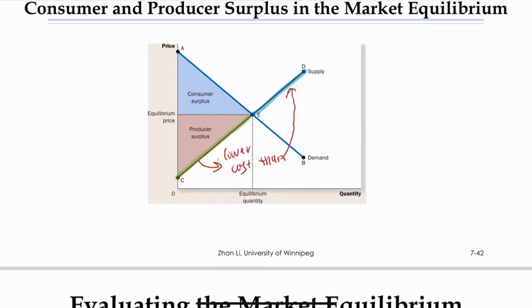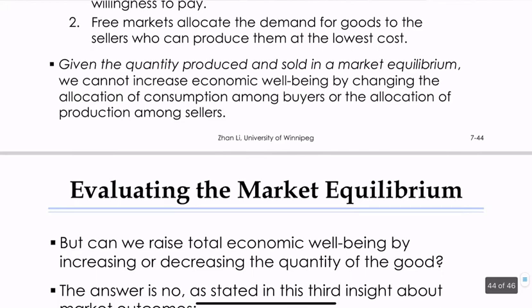And you can see that in the end, producers on the green section would sell in the market, and producers on the blue section couldn't sell in the market. So again, you can see that market is efficient because it lets the producers with lowest possible costs produce and sell in the market, right? Okay.